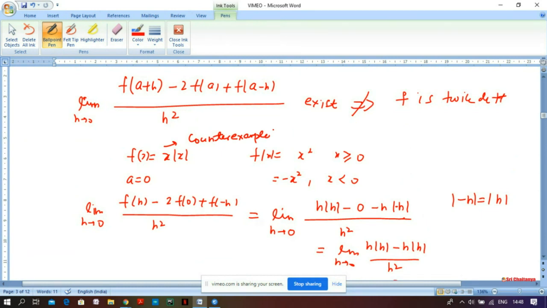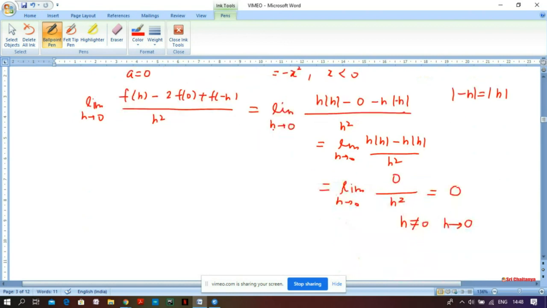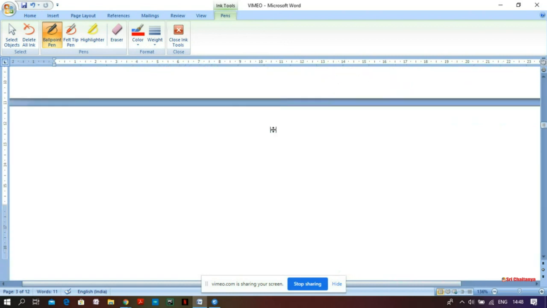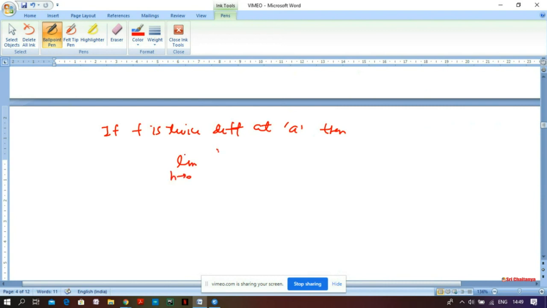So now let me repair the argument on the lines of the first part. So now we will say that if f is twice differentiable at a, then the limit as h tends to 0 of f of a plus h minus twice f of a plus f of a minus h, over h squared, exists.